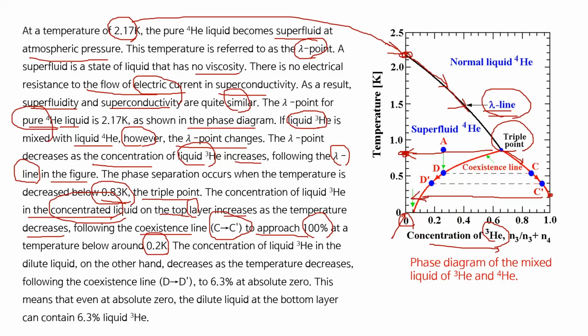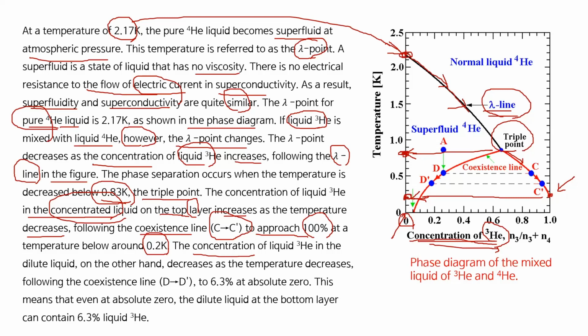Okay. So the concentration of helium-3 increases, following this line, and at this temperature, 0.2 Kelvin, in the concentrated liquid, the helium-3 content will become 100%.